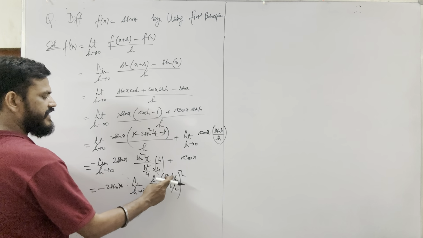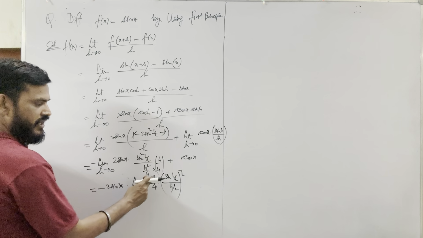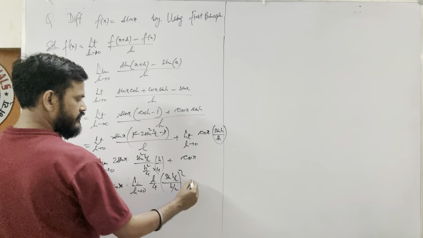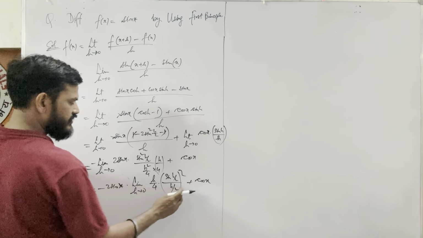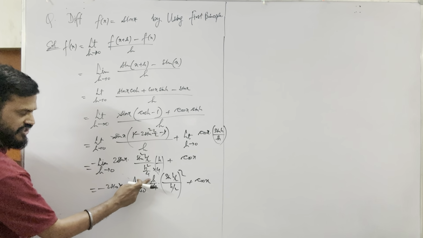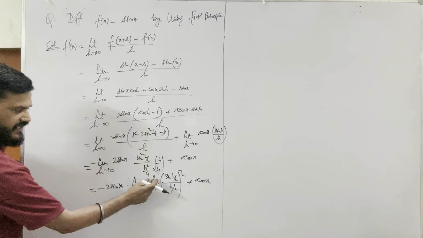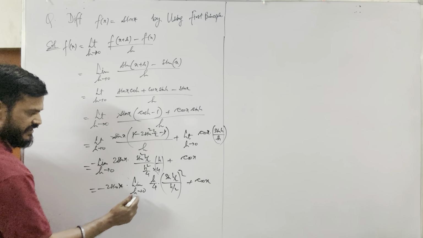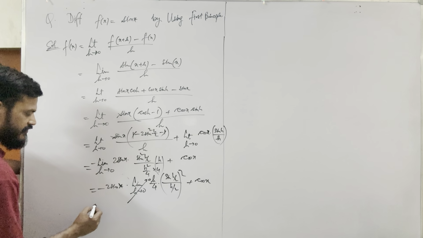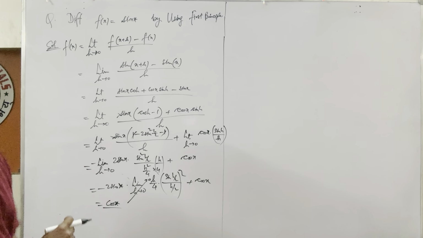Now this sine h by h will become 1, this portion will become 1, but h equal to 0 will make the whole term 0, and then we have cos x. So this term becomes 0 and we are left with just cos x. So differentiation of sine x is cos x.